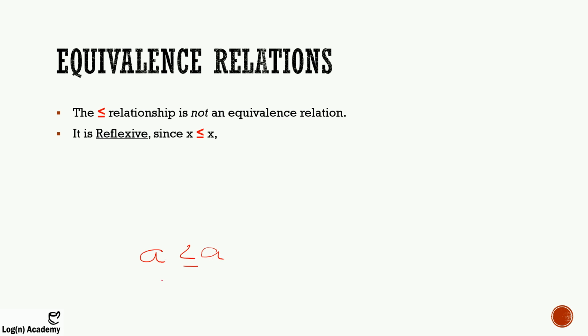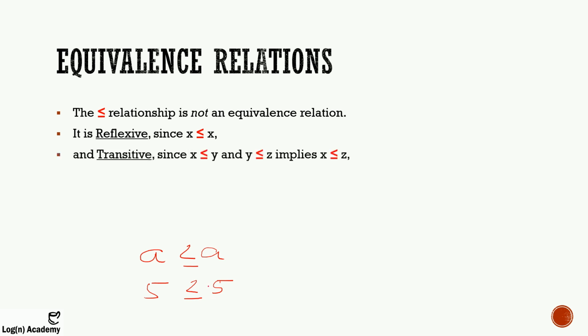Let's say if I say 5 is less than or equal to 6, yes, 5 is less than 6. And if I say 5 is less than or equal to 5, yes, because 5 is equal to 5.